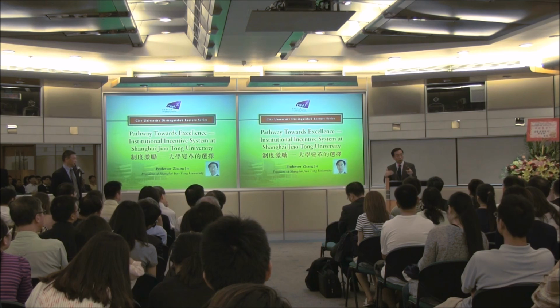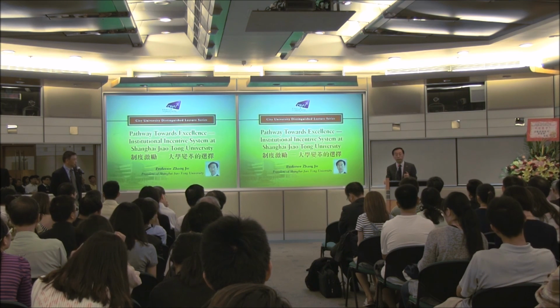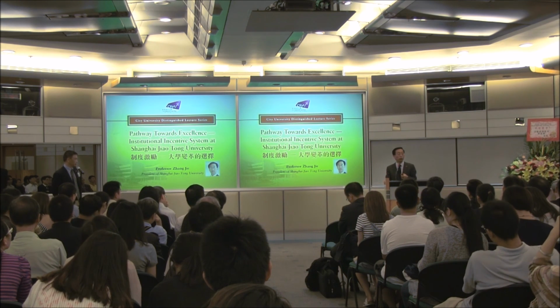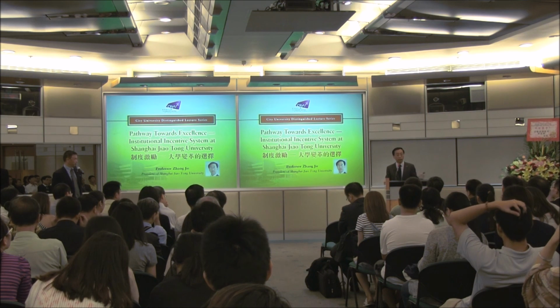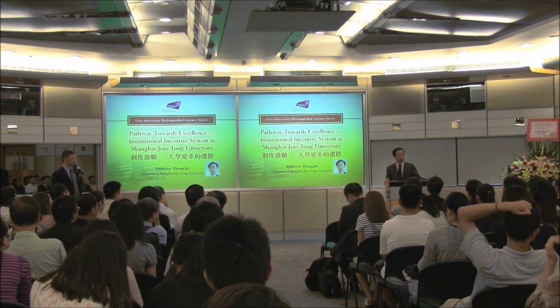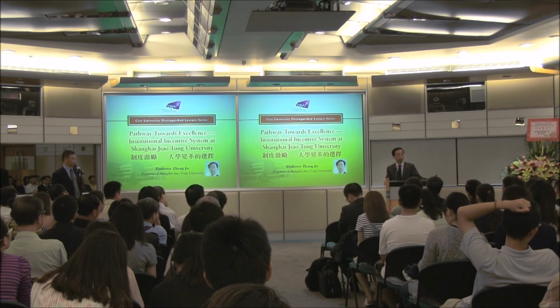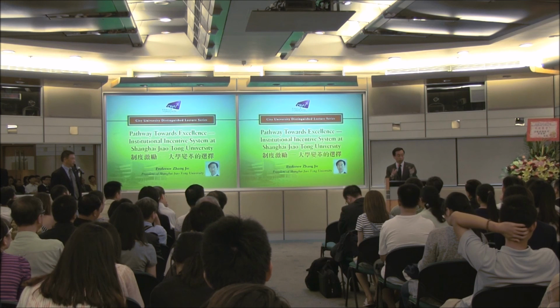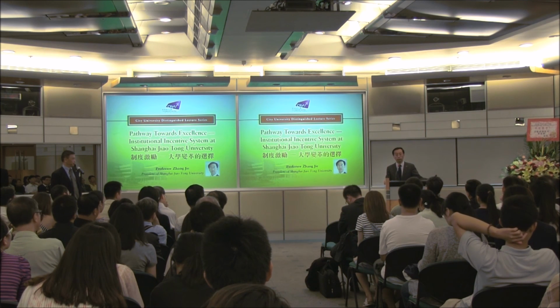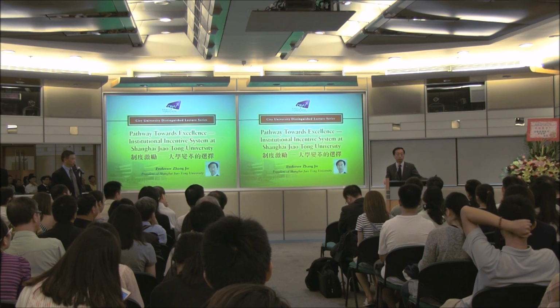We need to also reform the academic committee to really give it the power of decision. So that's what we have done. But still very preliminary. Hopefully, this practice will give some new driving motivation for the university. Thank you.